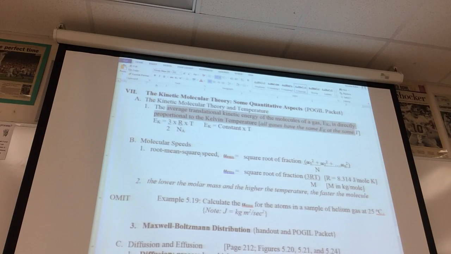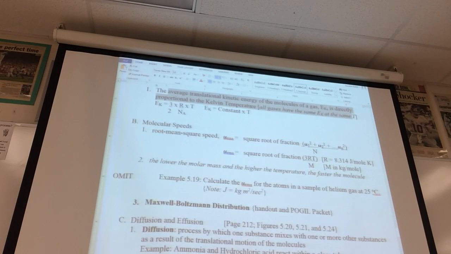Root mean square speed, we don't cover this anymore. Basically what you need to be familiar with is here: the lower the molar mass, the faster the molecule, and the higher the temperature, the faster the molecule.